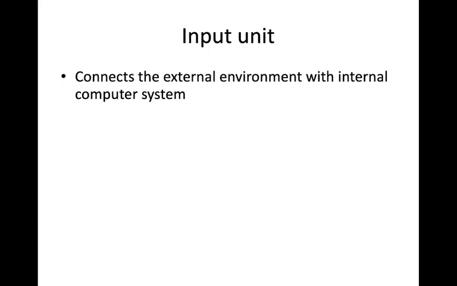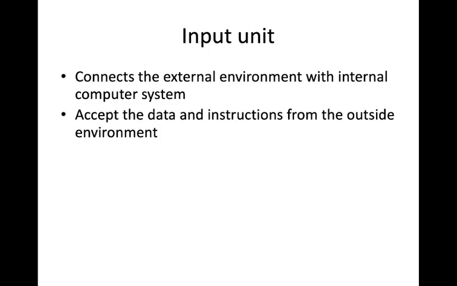First we will see the input unit. This input unit connects the external environment with the internal computer system. Anything which connects to the external environment will be considered an input unit. We have already seen different types of input units. It accepts the data and the instructions from the outside environment, then converts them into machine language, which is understandable, because humans give input in different forms.